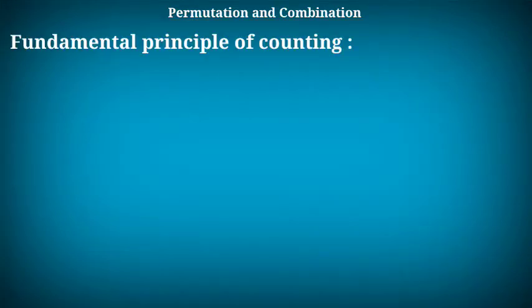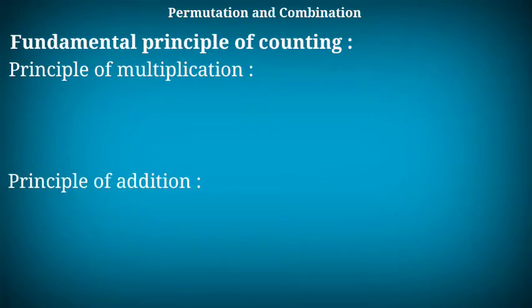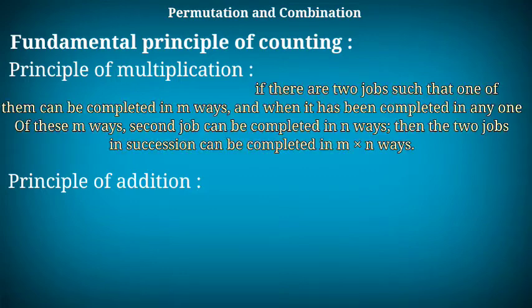Now, let's discuss the fundamental principles of counting. The principles of counting, in the sense that we will discuss two things. First one is the multiplication and the second one is the addition. In the principle of multiplication, the principle says if there are two jobs such that one of them can be completed in m ways, and for each of m ways, the second job can be completed in n different ways, then the two jobs in succession can be completed in m into n ways.